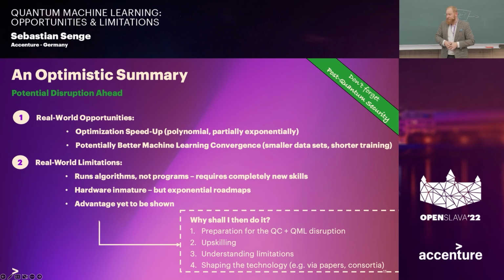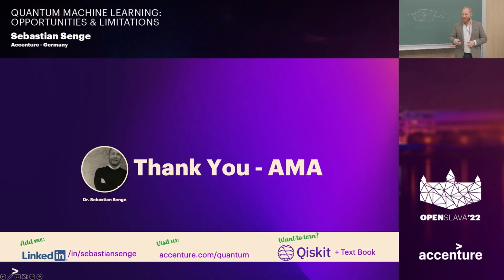Well, your company and many companies, as you've seen on the previous slide, want to prepare for the disruption that is coming ahead, right? Upskilling takes a lot of time. And of course, shaping the technology via consortia, for example, is also a very important topic. Thank you very much.